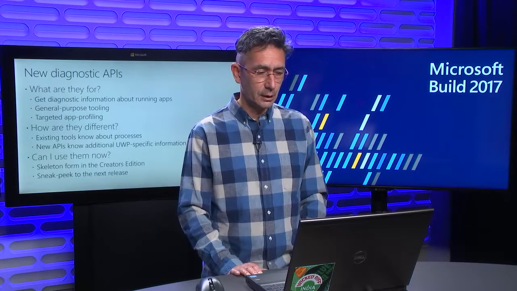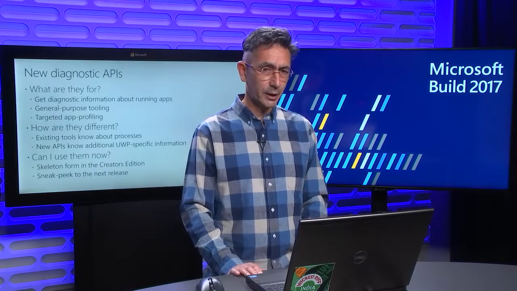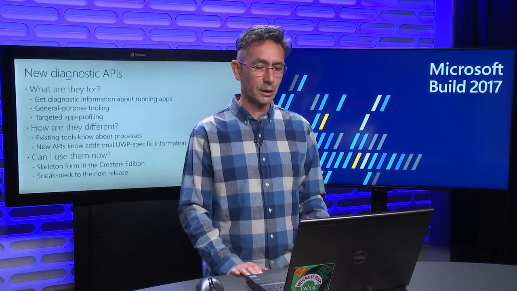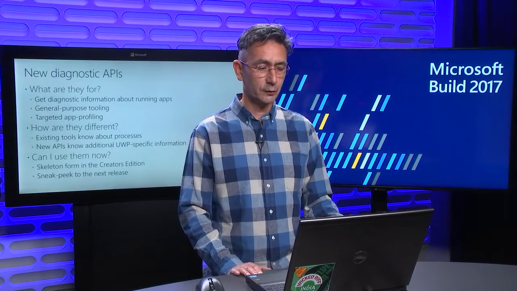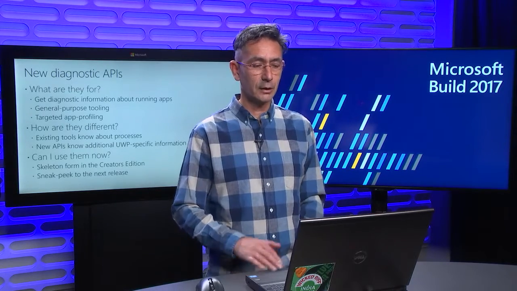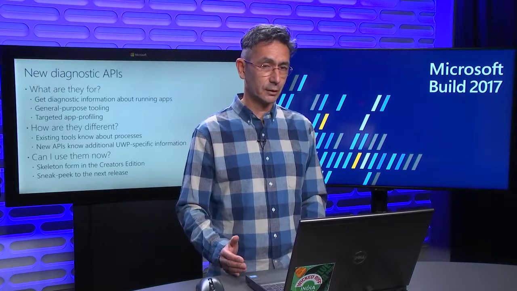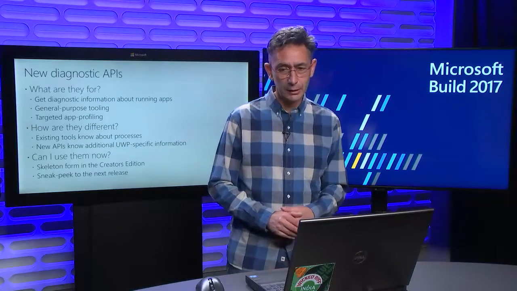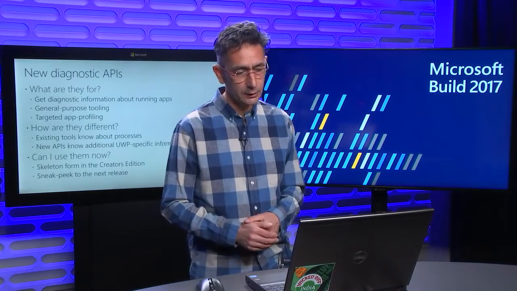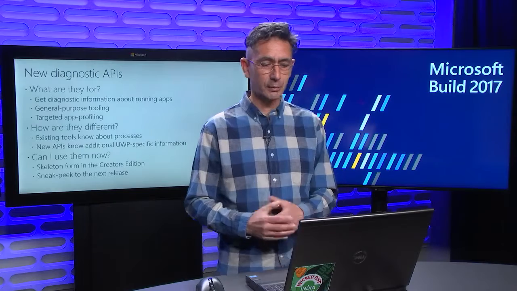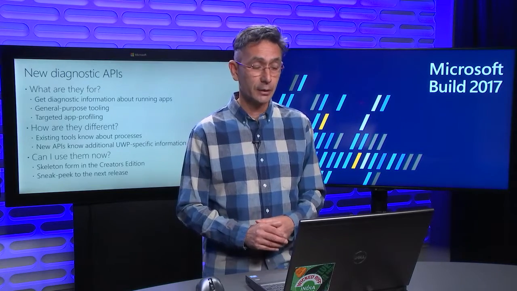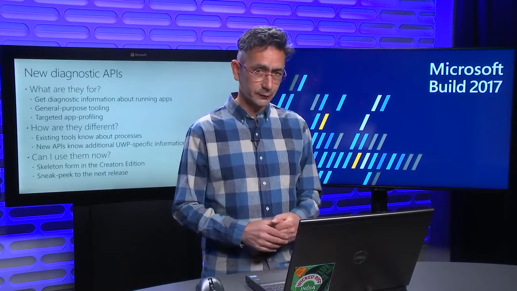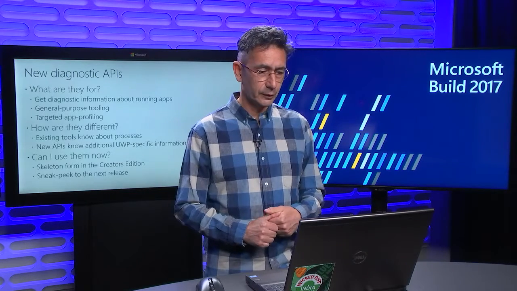And the decisions that the resource manager in the platform makes about memory caps, for example, is based on a combination of the private commit that the app is using that VS knows about and the shared commit that the app is using that VS doesn't know about. So these APIs give you the additional UWP-specific app information, the package information, and also the runtime information. So you can supplement the existing Visual Studio tools with these APIs.